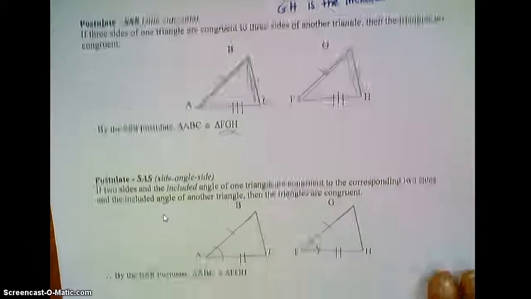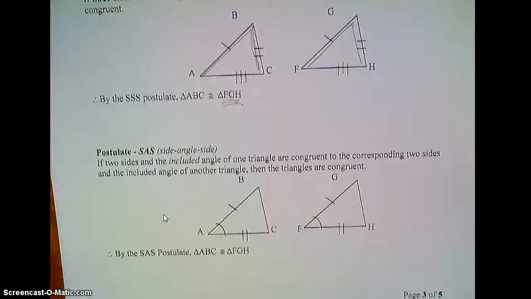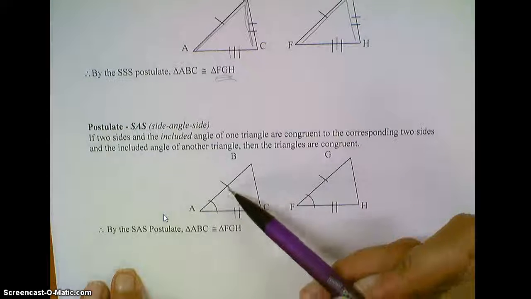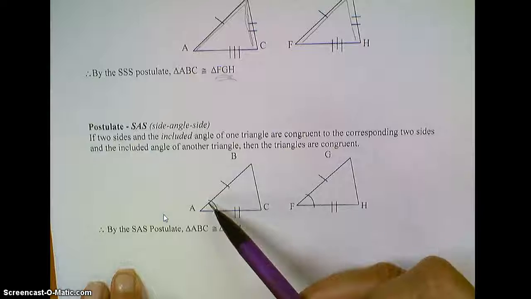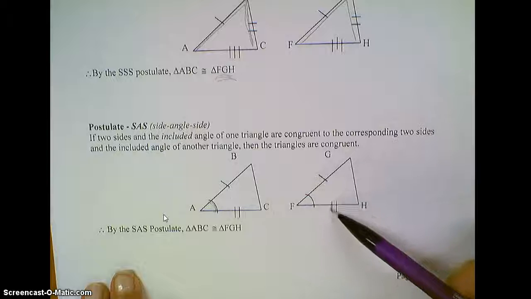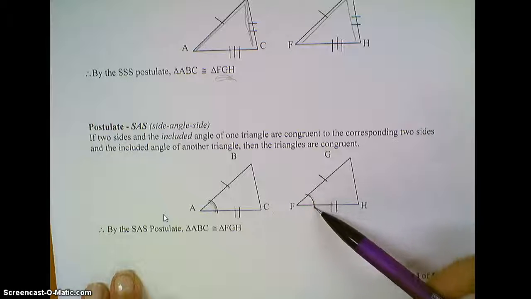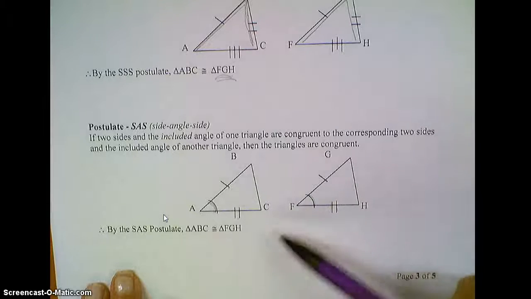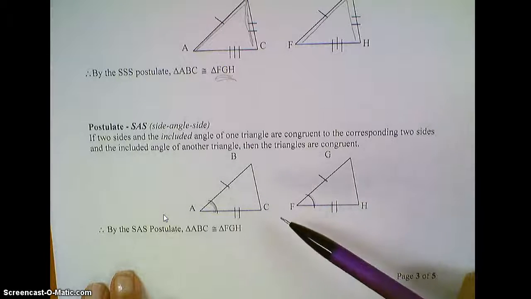Okay, the second postulate is side angle side, and in this case we want two sides to be congruent and the included angle from one triangle to be equal to the same corresponding sides and included angle from the second triangle. Again, go in any order you want, but follow the pattern.